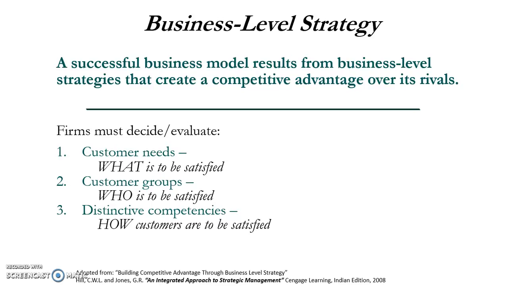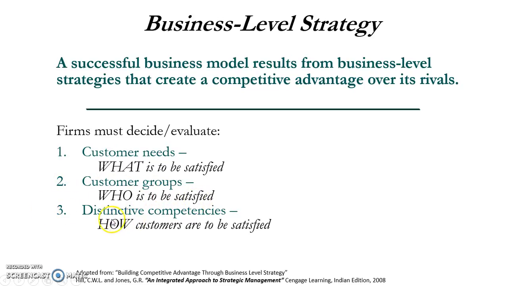For the same, the firm must first decide and evaluate three major aspects, including customer needs, that talks about what is to be satisfied. So are we looking at the need level, want level, or the desire level? The second aspect is customer groups, that defines who is to be satisfied.